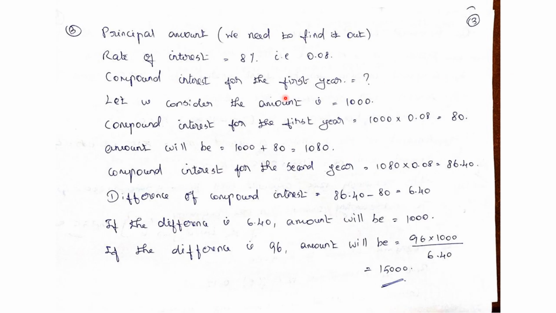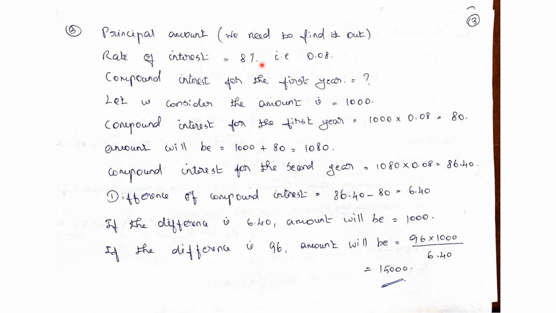Third question. A sum of money is lent at 8% per annum compound interest. If the interest for the second year exceeds that for the first year by rupees 96, find the sum of money. Principal amount we need to find out here.